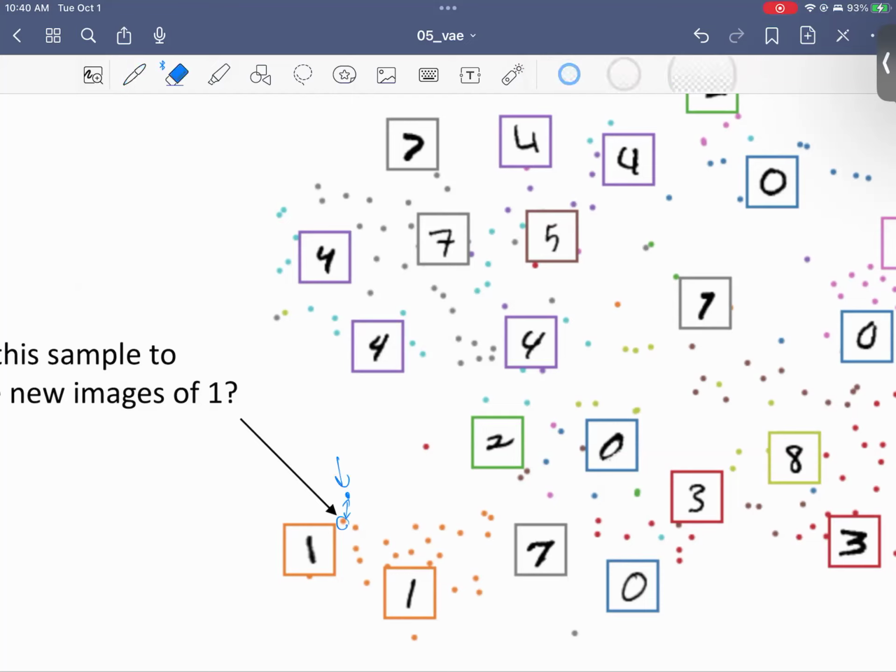Or even better, we can interpolate between, for example, this guy and this guy. So this is Z1 and this is Z2, and we can just interpolate between the two. Any dots on this interpolated line, like a dot here, here, here, will probably all look like a one, because this is a one and this is a one, and we're interpolating just between the two. So that's another way to do it, right?